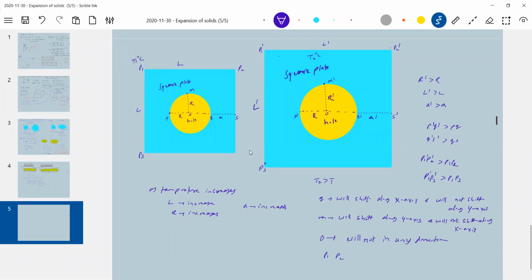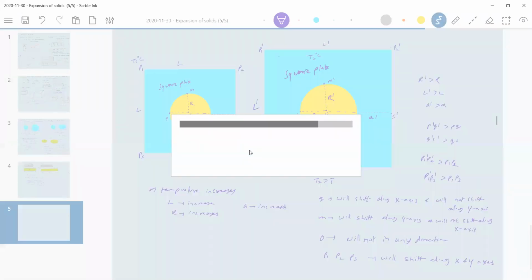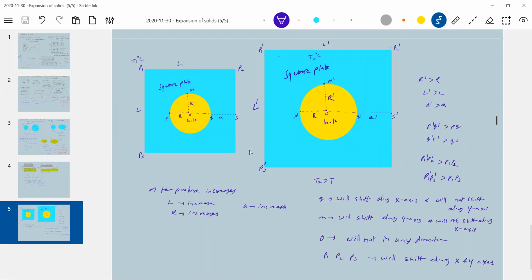So P1, P2, P3 will shift along the x and y axis. Getting the idea? I think these are some very small basic things which we are going to take help of to find that out.